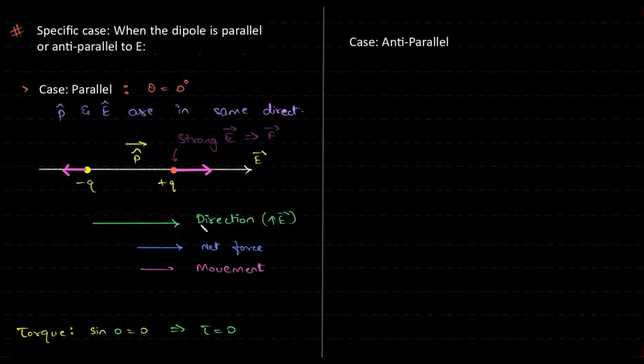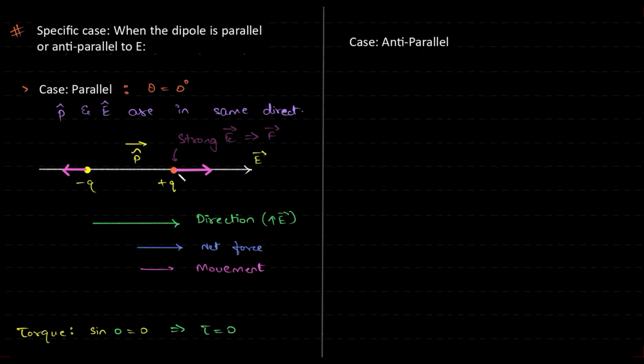Now we are assuming the direction of increasing electrical field. So the positive charge is exposed to a stronger electrical field than the negative charge. Till here it's quite clear. Now you have to go back to the basics. Electrical field points in the direction in which a positive charge will experience a force.